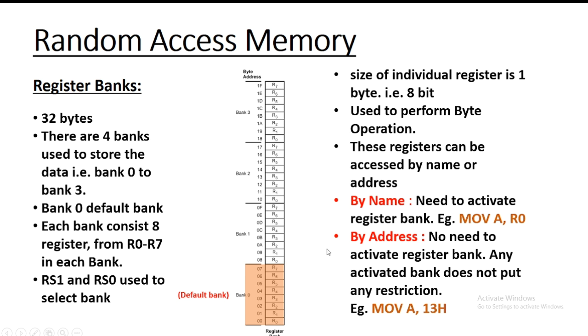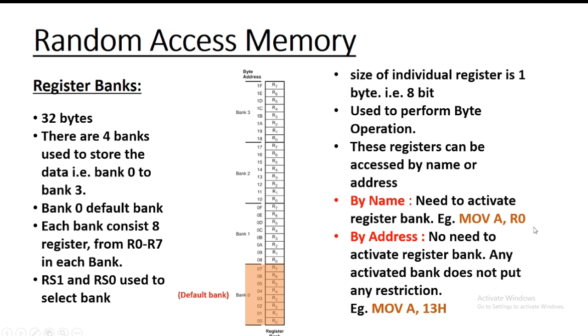There is a kind of restriction, you can say, when you are using a register by its name. As you can see, there are 4 sets of R0 to R7, and at a time only one set is activated. It depends upon the status of RS1 and RS0.